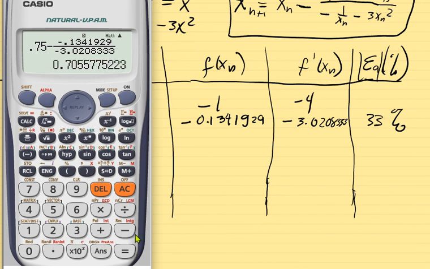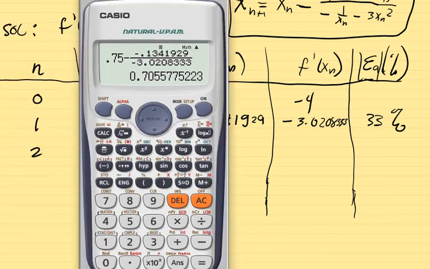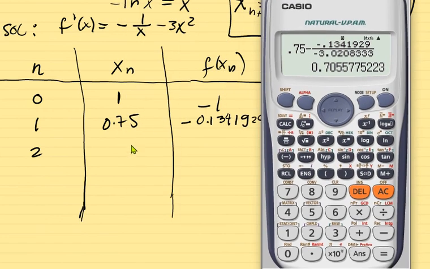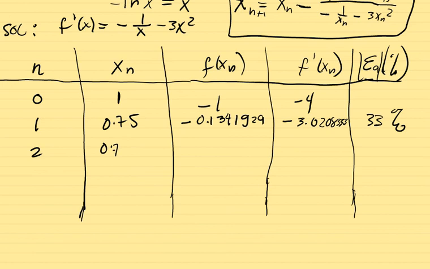So this will be our new value for our approximation, 0.7055775.